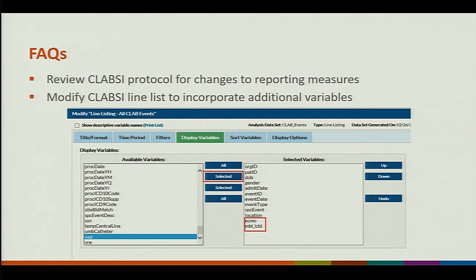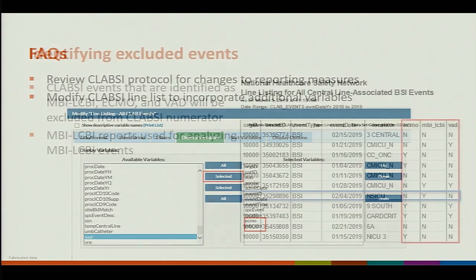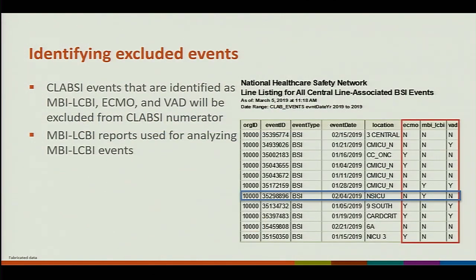So I am modifying my CLABSI line list to incorporate those additional variables to see if this specific event meets any of those criteria. And as you can see in the box outlined in blue, this specific event for February was an MBI LCBI. And since it was an MBI LCBI, it will not be in your CLABSI report. It will be in your MBI LCBI report.